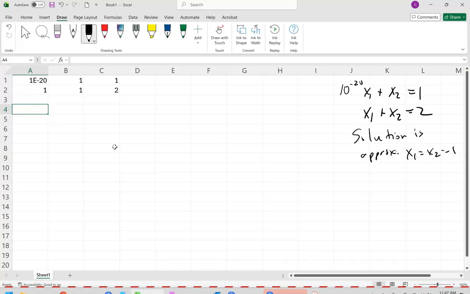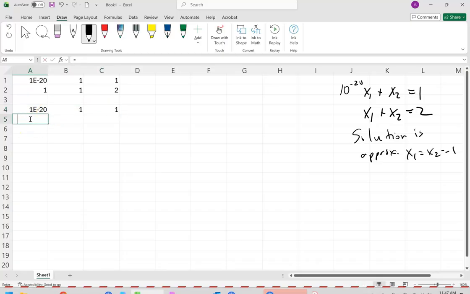All right, so again, using naive Gauss, what would be my multiplier when I want to go from row 1 to row 2 to get rid of the 1 below it? Yeah, it'd be 1 over 10 to the 20th, negative 1 over 10 to the negative 20th. So in particular, if I just keep my first row, I'll just say equals that.